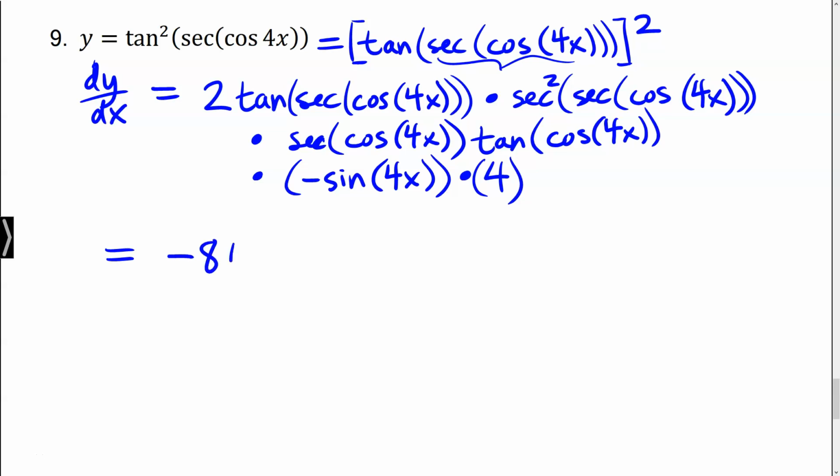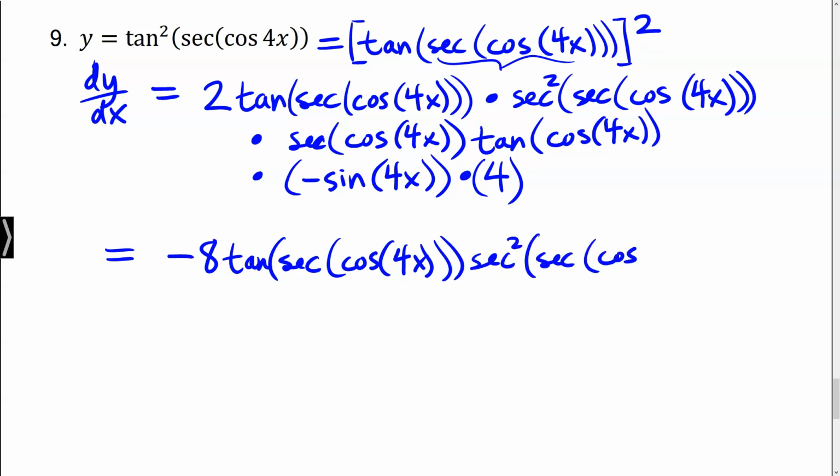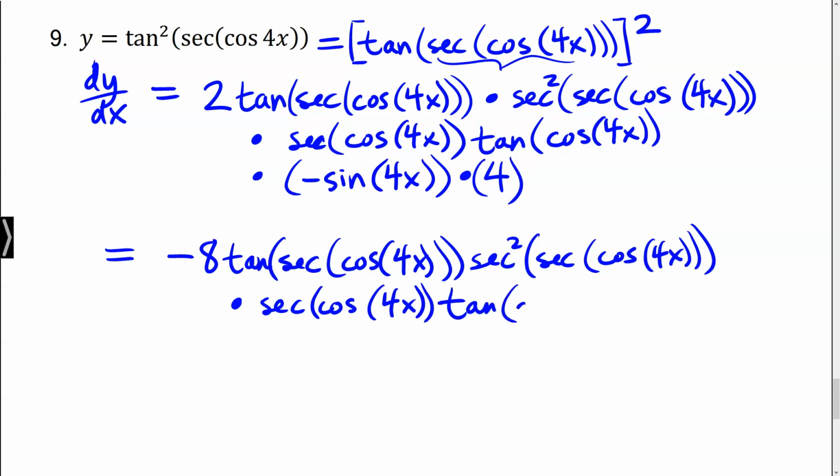So it's minus 8 tangent of secant of cosine 4x times secant squared of the secant of the cosine of 4x times the secant of the cosine of 4x times the tangent of the cosine of 4x times the sine of 4x. That is the derivative, believe it or not.